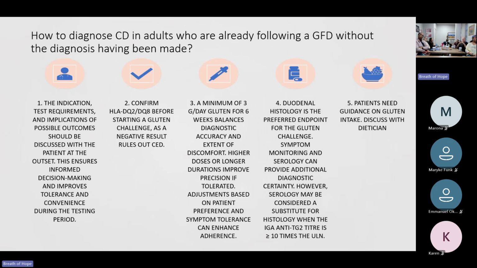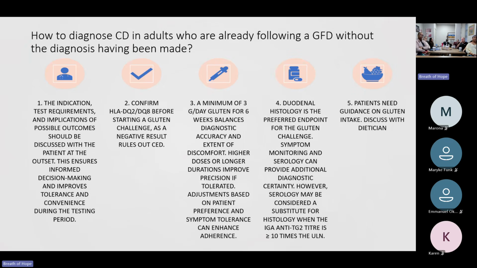And if you look at point 3, it's a minimum of 6 weeks that the patient needs to be on a gluten diet. So if you explain the possible outcomes and implications to the patient at the onset, then that ensures that the patient is a bit more on board and they might be more adherent to the whole process.